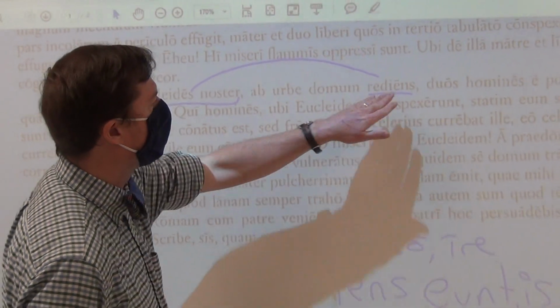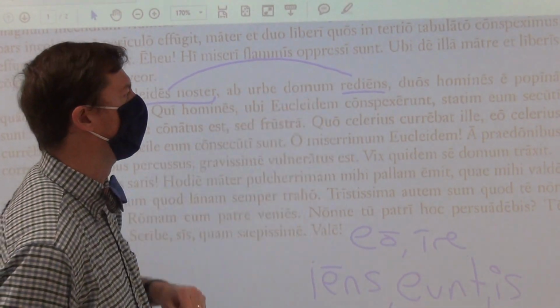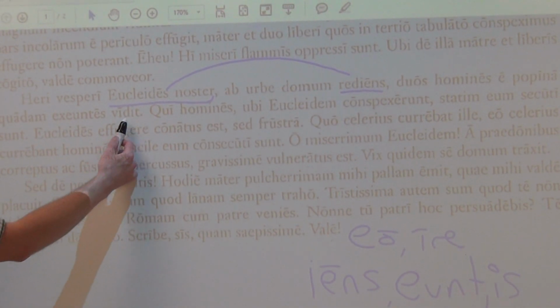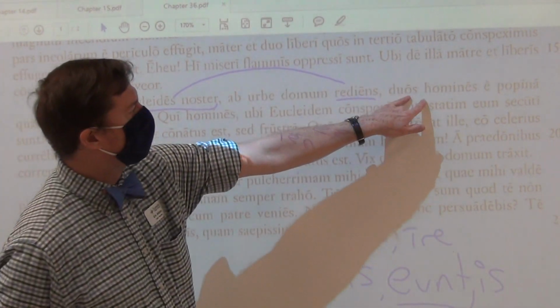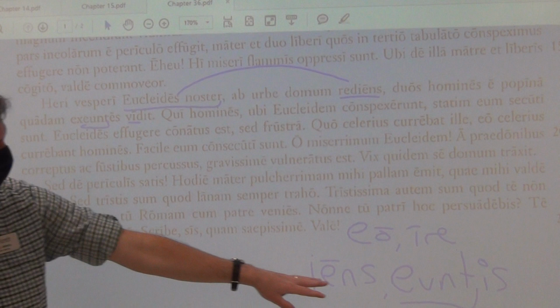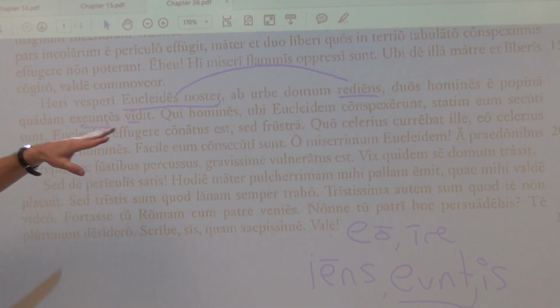So our Euclides, the one going back from the city to home, he saw, vidit, perfect tense, video videre, vidi, perfect stem, 2 men, exeuntes. Do you see? There it is that I just saw. Exeuntes, going out, a popina quadam, out of a certain bar.